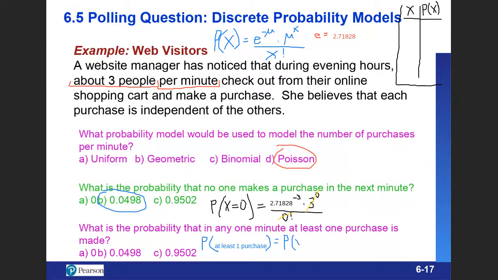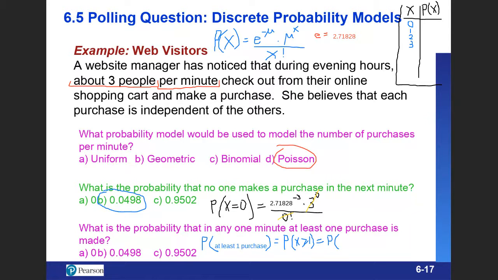So I have to find probability of x greater than or equal to 1. That means we start when there are 0 purchases, 1 purchase, 2 purchases, 3 purchases, and I can go on.